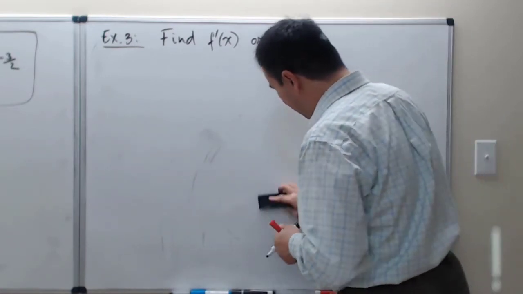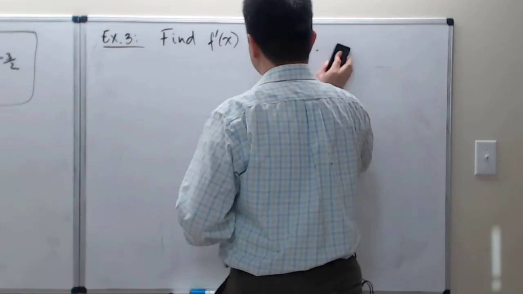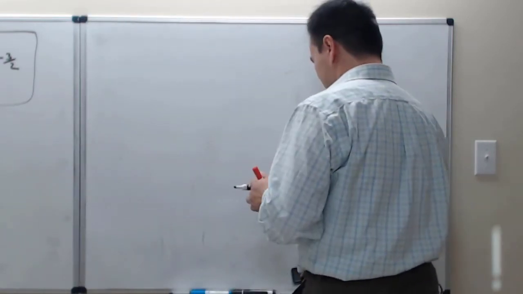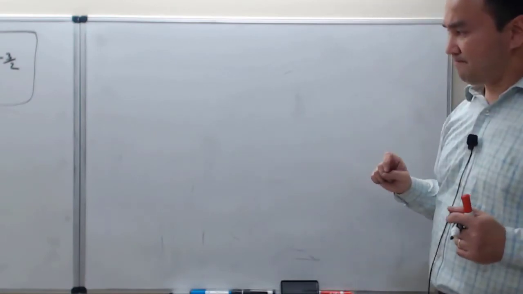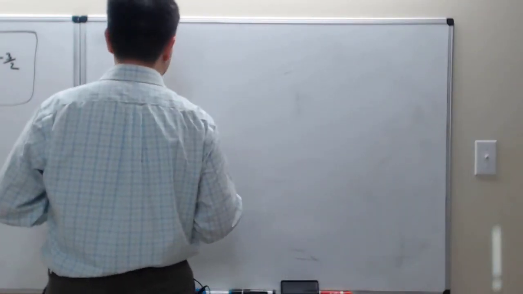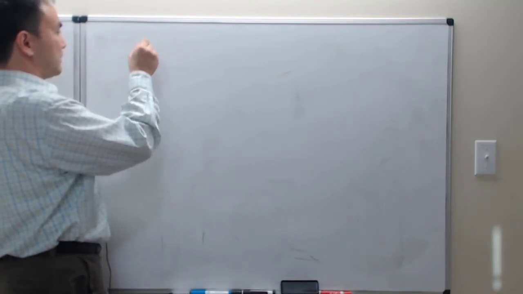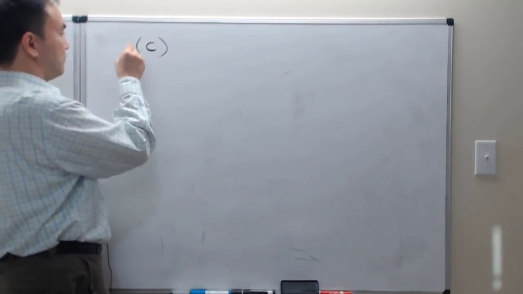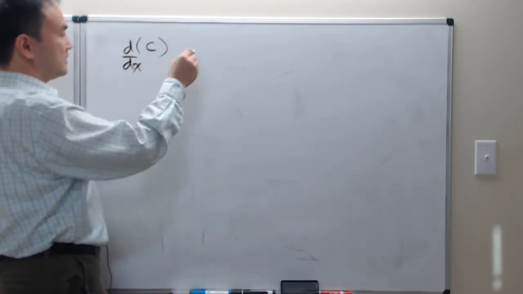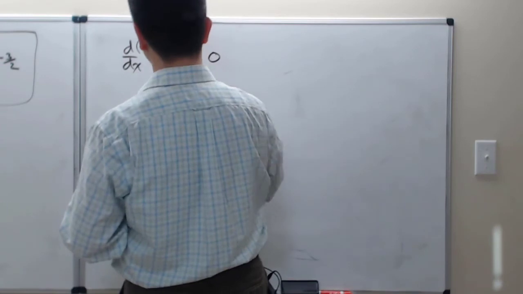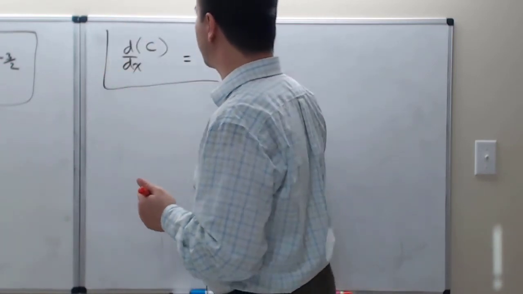But before I get into example 4 or the next example, in general, I need to mention one thing. Back to that rule of a constant, let's give it another explanation of why this rule is true.